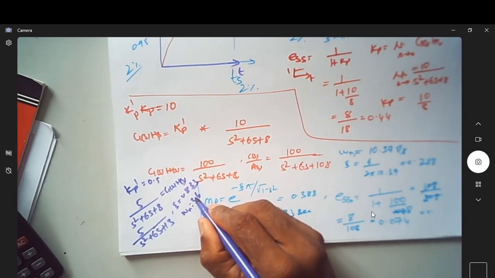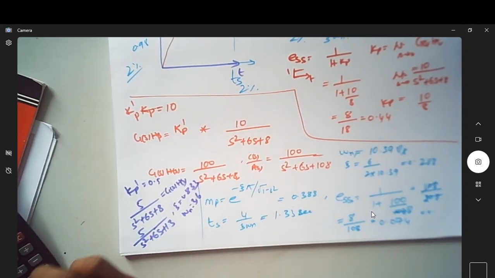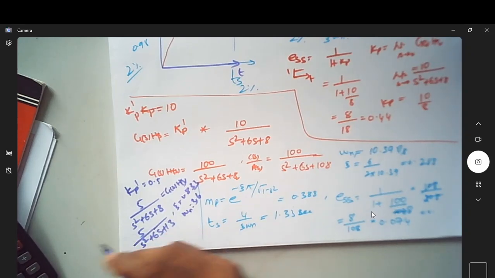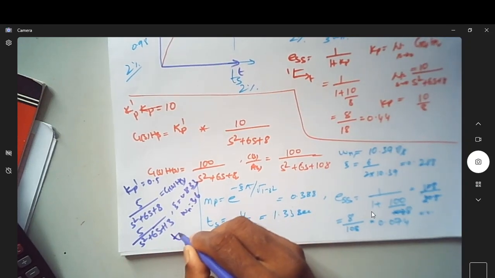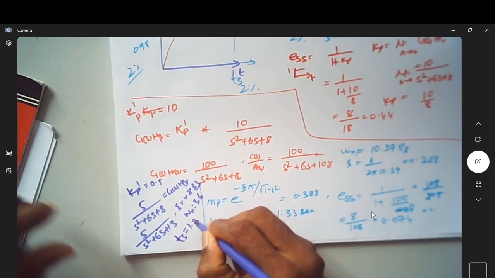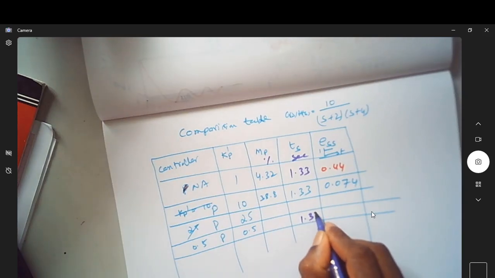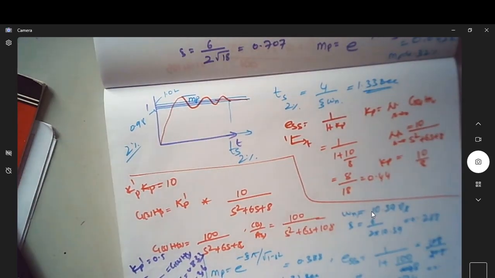So with this 3.6, TS is 4 divided by 3.6 into 0.833. So TS is 1.33. Now let me try to find out what is MP.